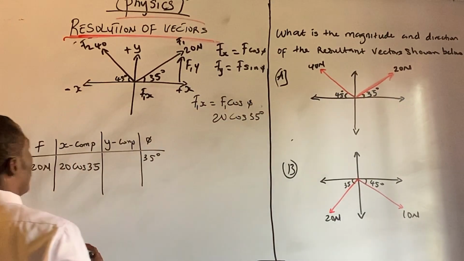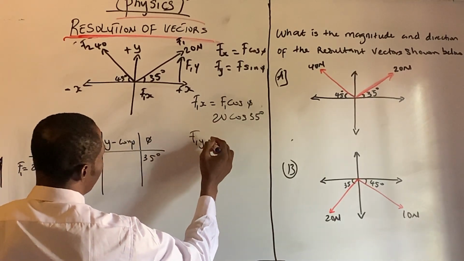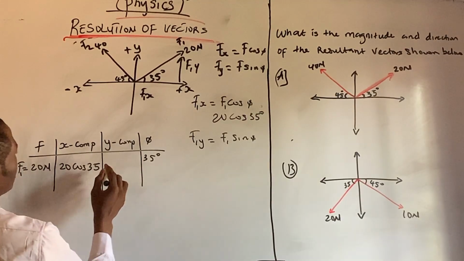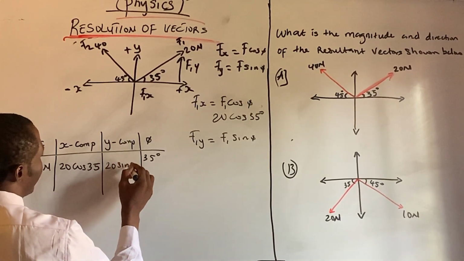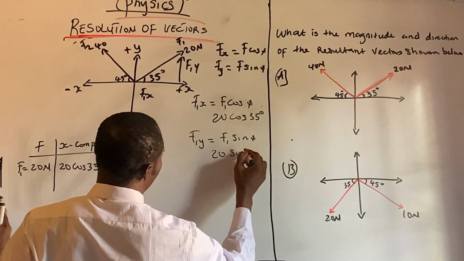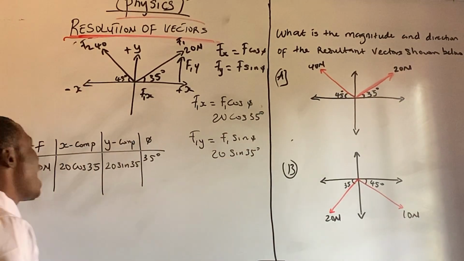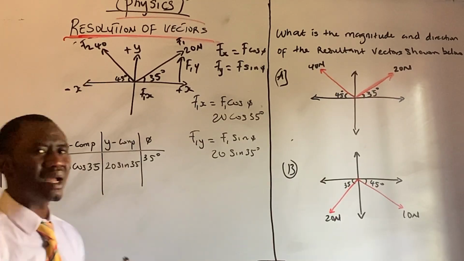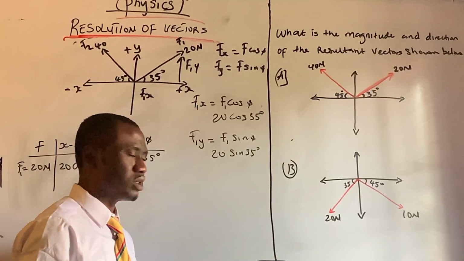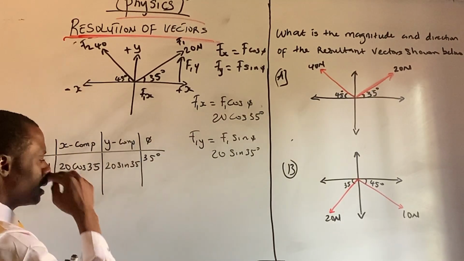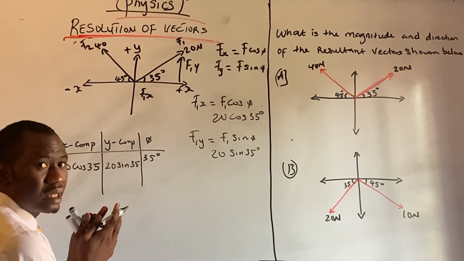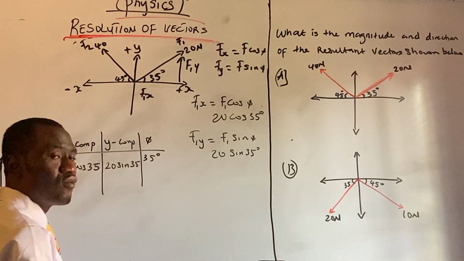All right, so F1y is equal to F1 sine theta. So it will be 20 sine 35. You can also write it here, 20 sine 35. Why I have this table is that it will make my calculation neat. I can actually do the calculations anyhow on the board, but when you have this table, you transfer your answer into this place. So we have the F1x component and then the F1y component.